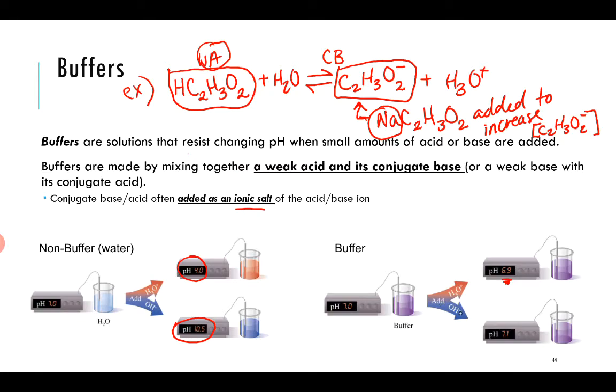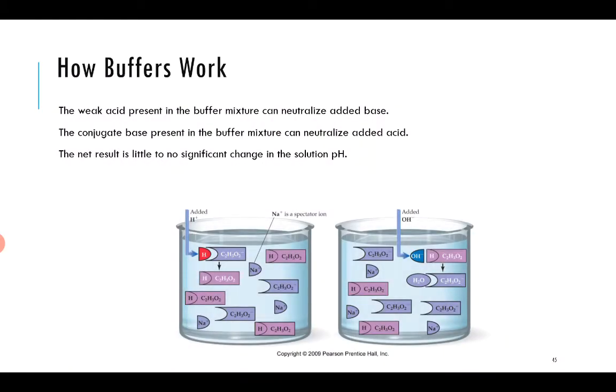On the other hand, if we add OH- ions, that's going to neutralize our hydronium ion concentration, and we will have a very slight increase in our pH. So our buffers work by neutralizing both added acid and added base.